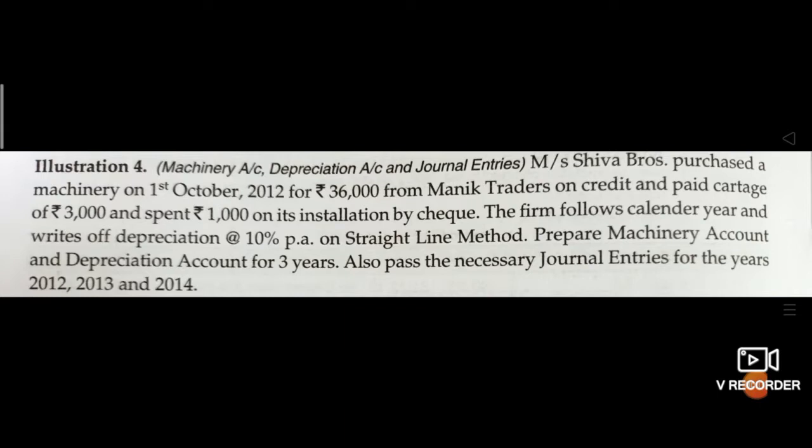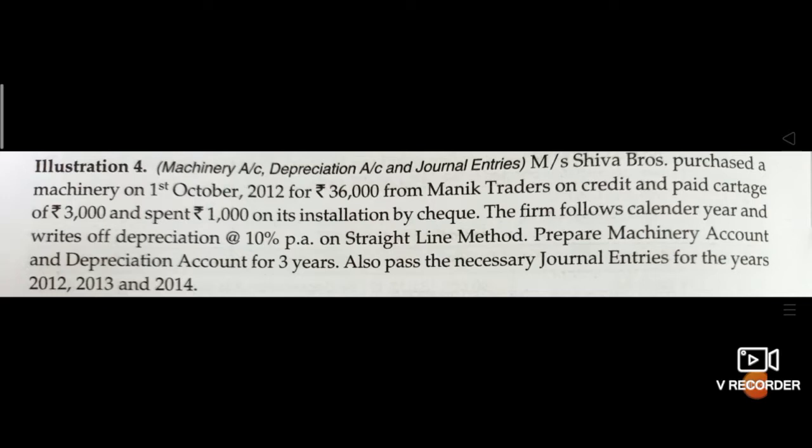See the problem. Messrs. Shiva Brothers purchased a machinery on 1st October 2012 for rupees 36,000 from Manik Traders on credit. So this is a credit transaction of purchase of machinery, and they paid cartage of rupees 3,000 and spent rupees 1,000 on its installation by check.